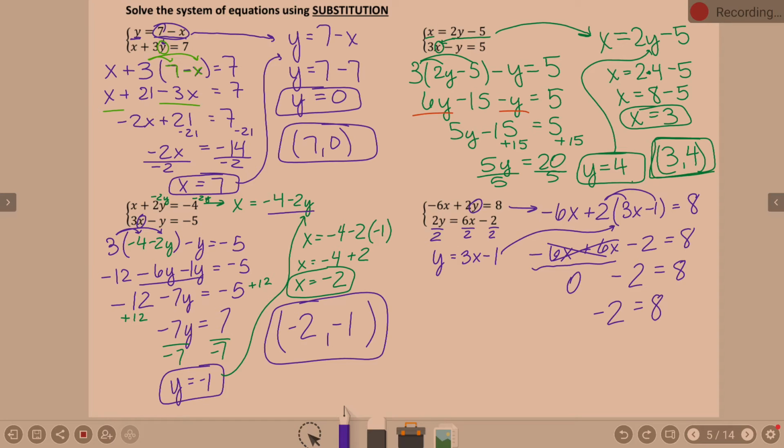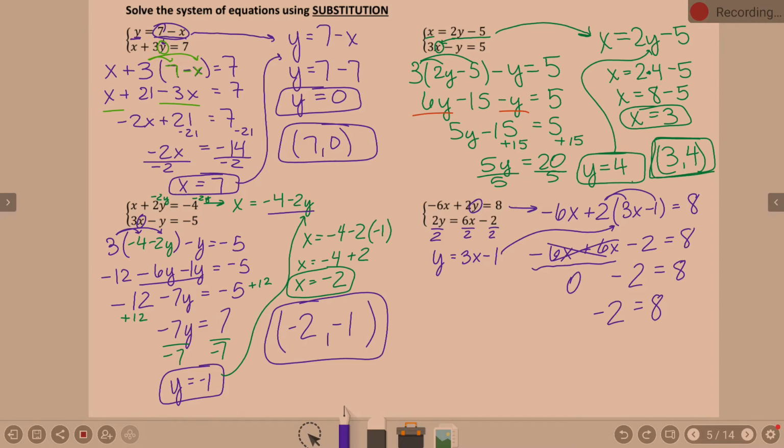Or the other option is there are infinitely many solutions where basically the lines are the same and they're always touching. Now, in this situation, how do I tell if this is no solution as opposed to infinitely many solutions, which is kind of like saying all real numbers in a way?